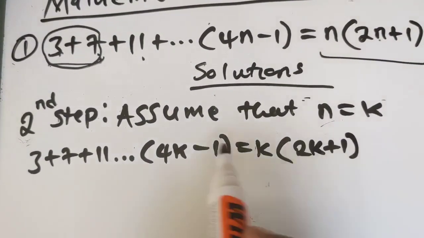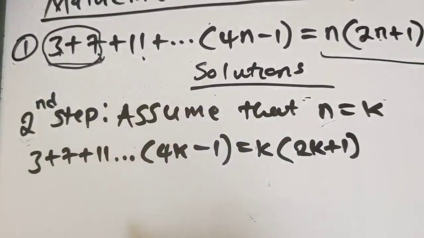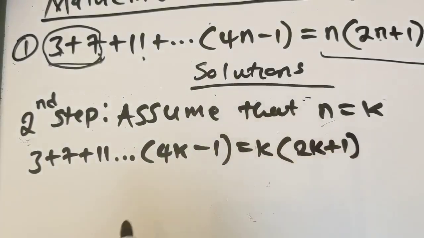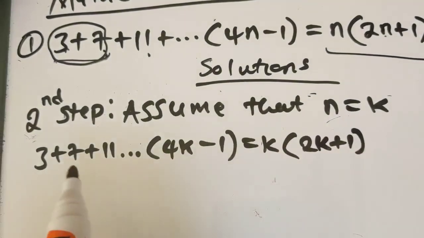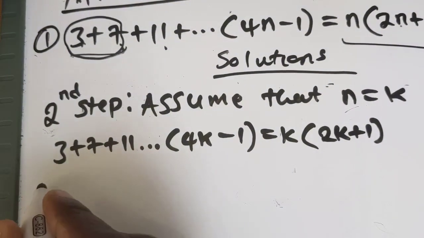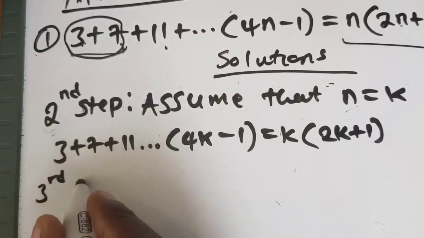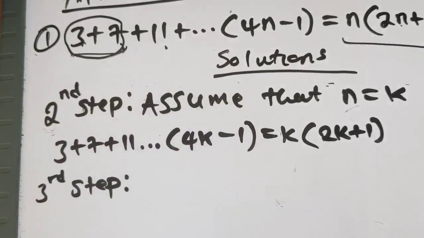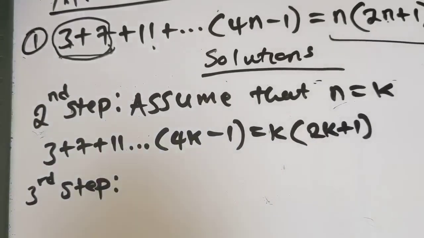All right, so now that we have assumed that n is equal to k, the third step now. So from the second step, that is where you end. Now the third step. I said that mathematical induction has three steps. So that was the first, this is second, and this is the third, the last one.